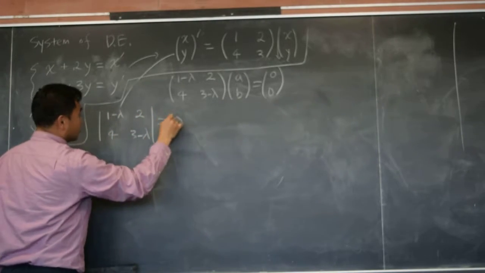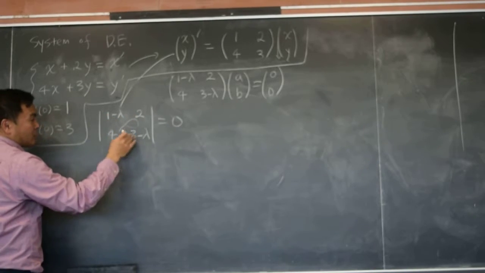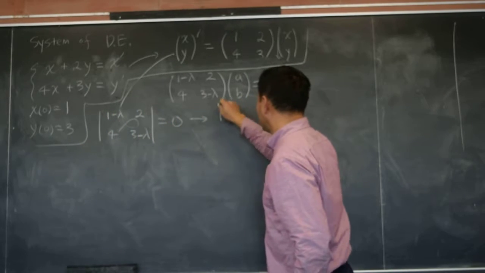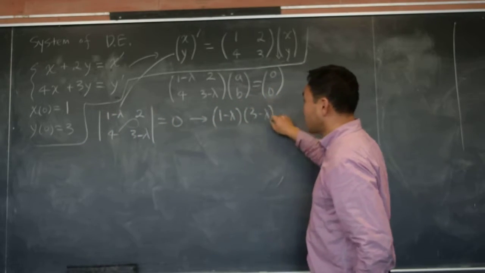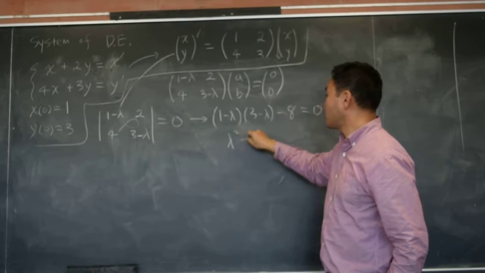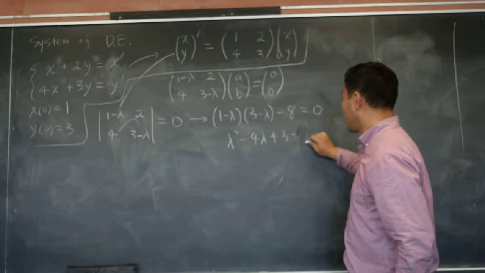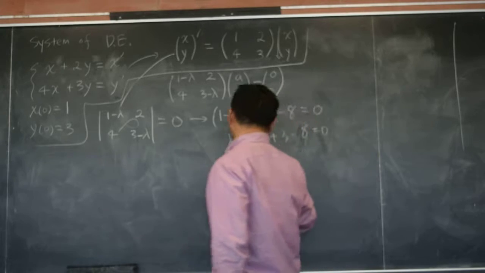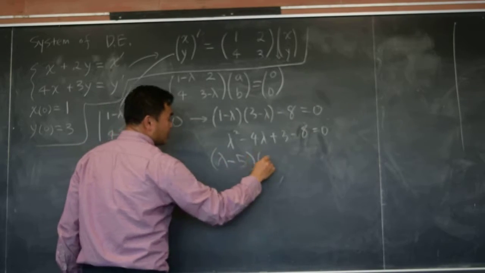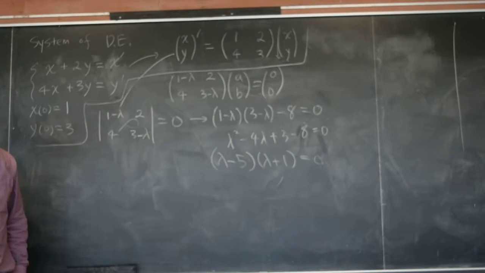is equal to 0. All right, now let's find the determinant. Okay, AD minus BC. So what does that become? That's (1 minus lambda)(3 minus lambda) minus 8 equal to 0. This is lambda squared minus 4 lambda plus 3 minus 8 equal to 0, which gives you (lambda minus 5)(lambda plus 1) as its solution.